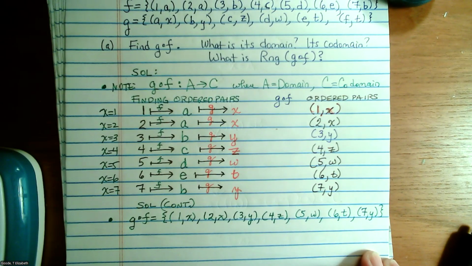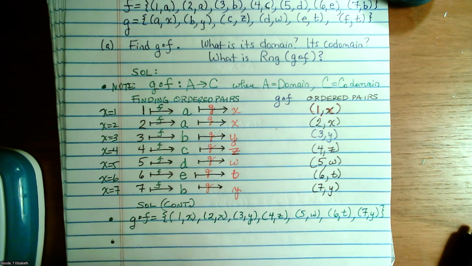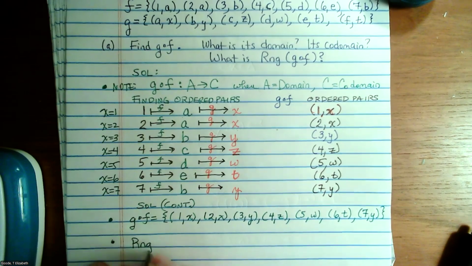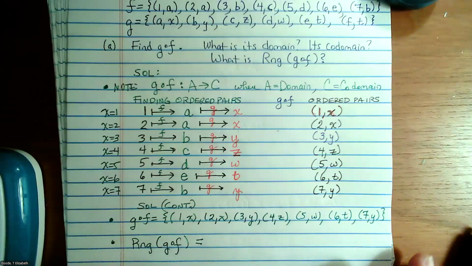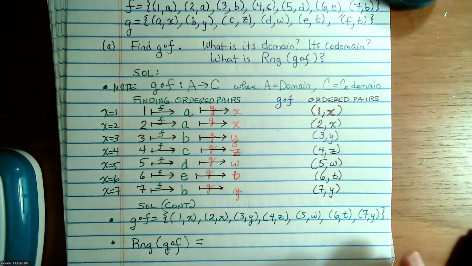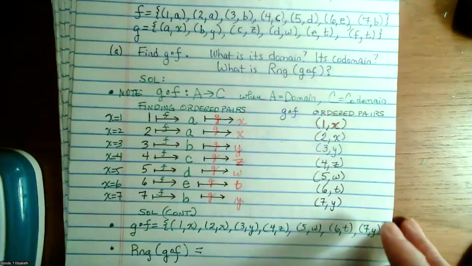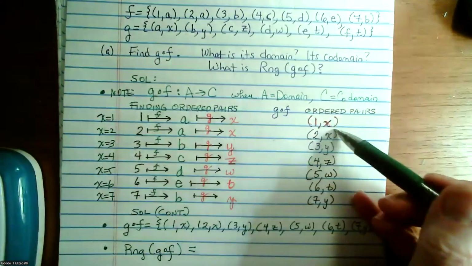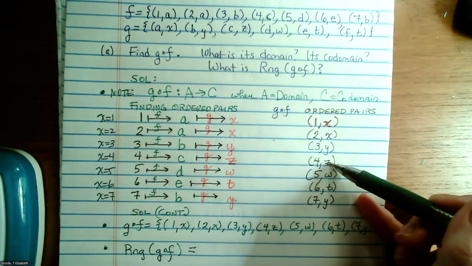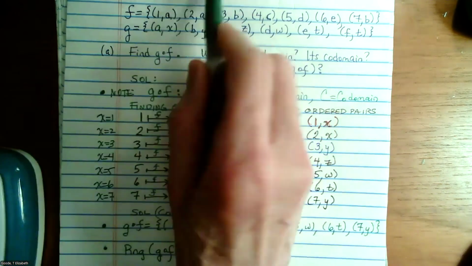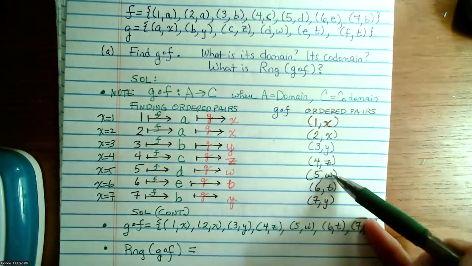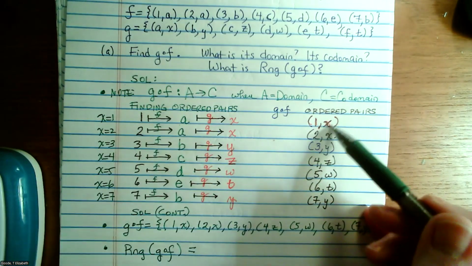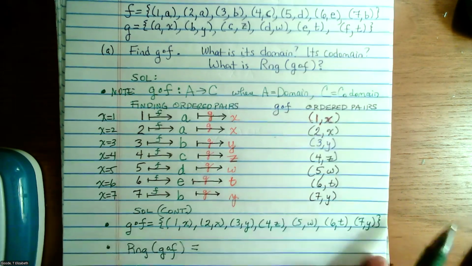What's the range of G of F? Shall we review the definition of range? From X to T. From X to T? Yes. X, Y, Z, W, T. Yeah, X, Y, Z, W, and T were all second coordinates that actually appeared.